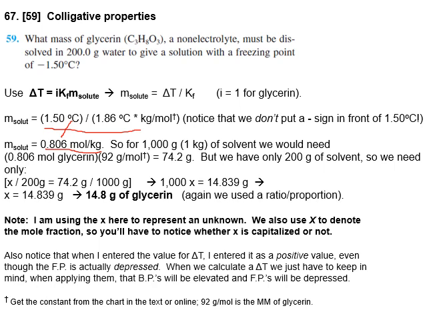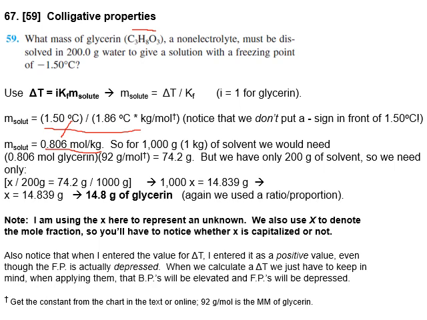So what we can do is multiply this by 0.2, and that will tell us how many moles we would have if we only had 200 grams of solvent, or in other words, 200 grams of water. And then we can convert that number of moles, whatever it is, to grams by multiplying by whatever you get when you multiply 3 times 12 plus 8 times 1 plus 3 times 16.